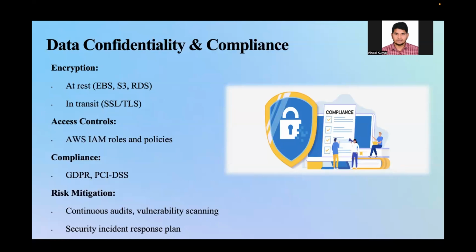We control who can view or modify resources by applying AWS IAM roles and policies. We align these controls with GDPR and PCI DSS requirements to stay compliant. To minimize risk, we perform regular audits, vulnerability scans, and we have a clear incident response plan if something goes wrong. This approach lets Tech Solution operate safely and responsibly in the cloud.